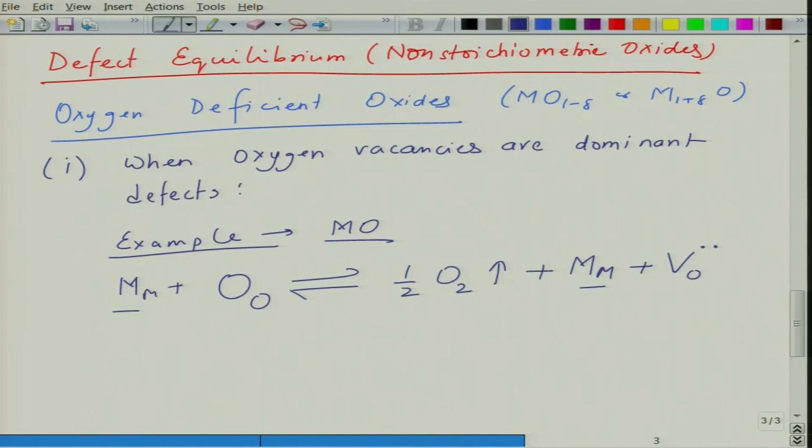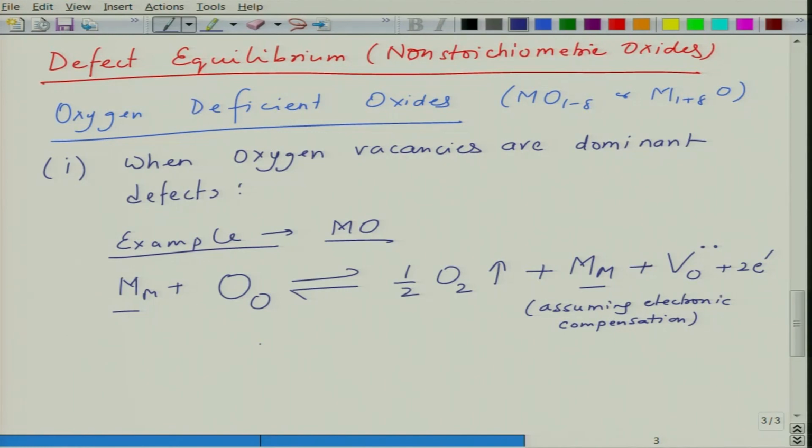So, this will become VO, and the compensating defects will be 2 electrons if you consider electronic compensation. If you consider ionic compensation, you will not form electrons, rather you will have reduction of metal ions. That is what is going to happen.